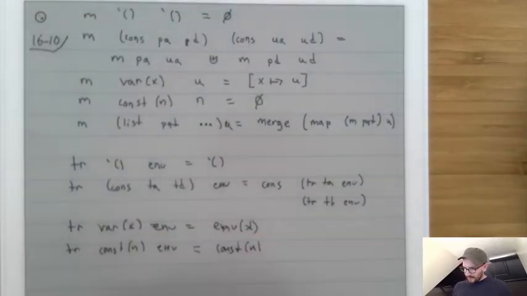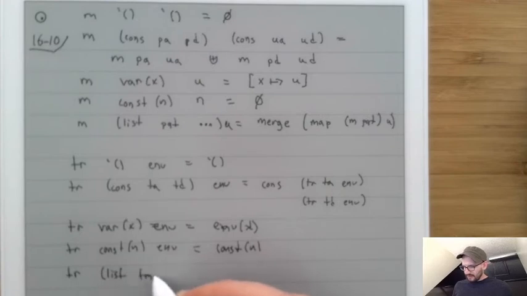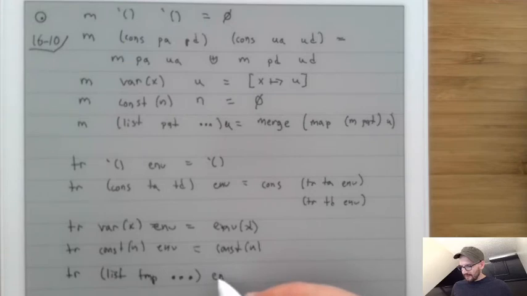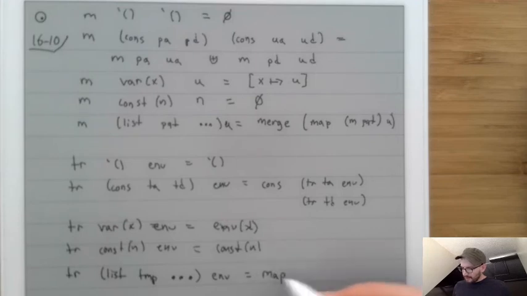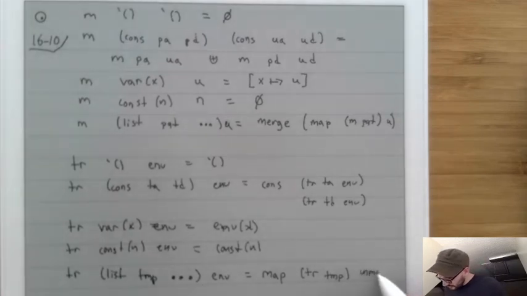All right. So then when we call transcribe on a list that has some template and then dot dot dot, in some environment, then what we're going to do is we're going to call map on transcribing the template, and then we're going to call unmerge on the environment.